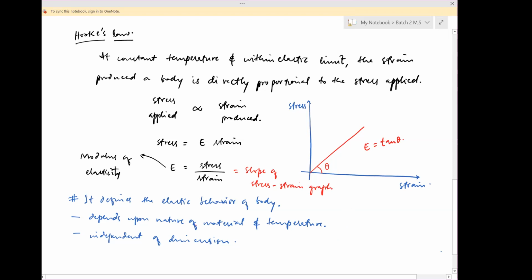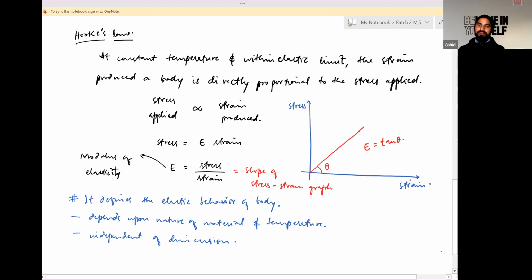Sir, could you explain once again? Since stress is directly proportional to strain, the graph between stress and strain for any material within this condition, at constant temperature and within elastic limit, should be a straight line passing through origin, inclined at some angle theta with respect to the x-axis. So we may rearrange this equation like this.